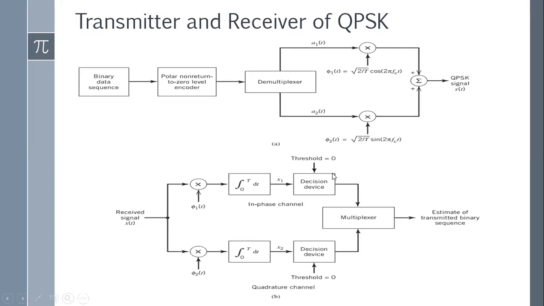We send the bits into the decision device, which decides whether it is 0 or 1. Once decided, we send them to the multiplexer, which arranges them in bitwise manner, and we get the estimated binary sequence that was transmitted.